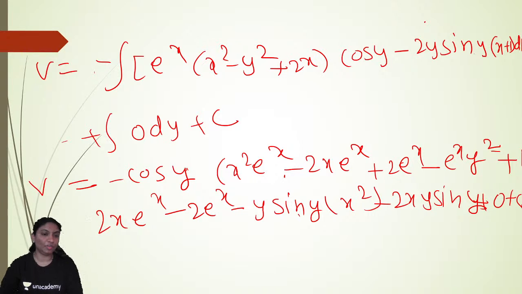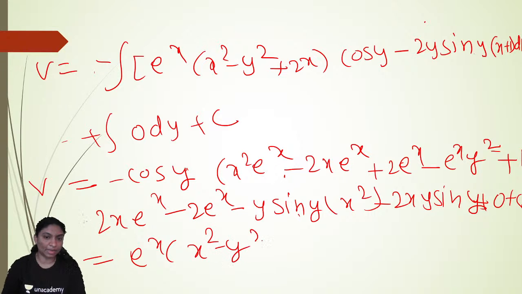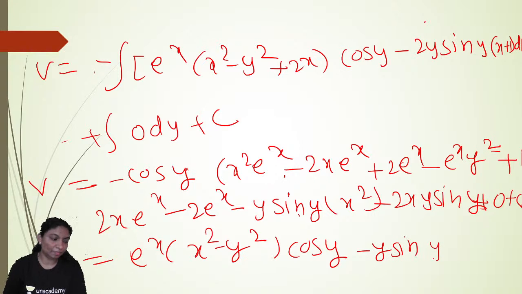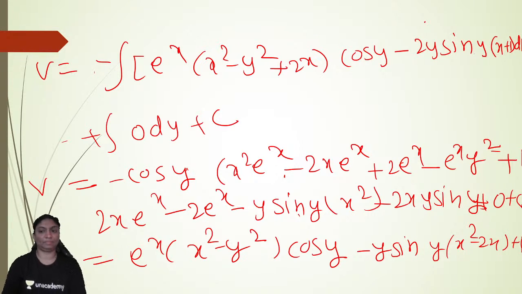Okay, so your v becomes v is equal to e^x into (x² minus y²) into cos y minus y sin y into (x² minus 2x) plus c. Okay, I hope you are getting it here.